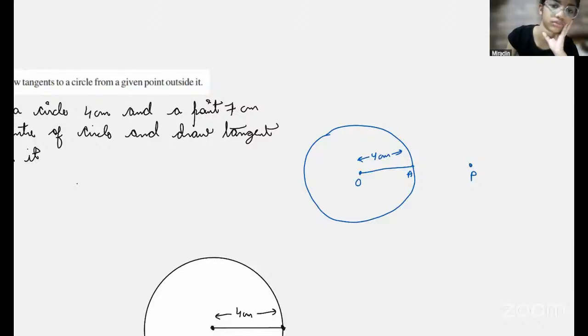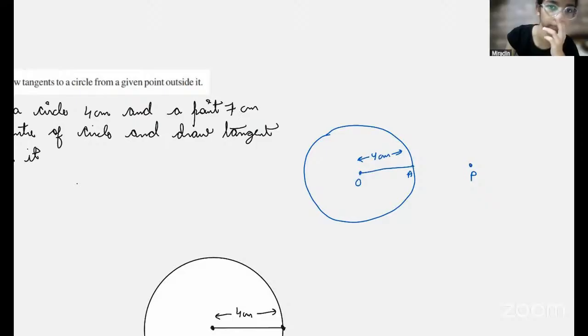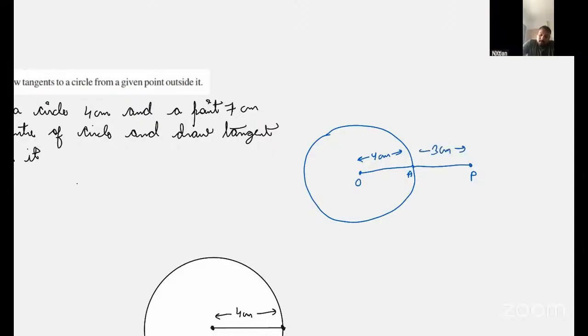OP is 7. This OA is 4. Then AP will be 3 centimeters. And then you draw the tangent through it. This is a rough diagram.